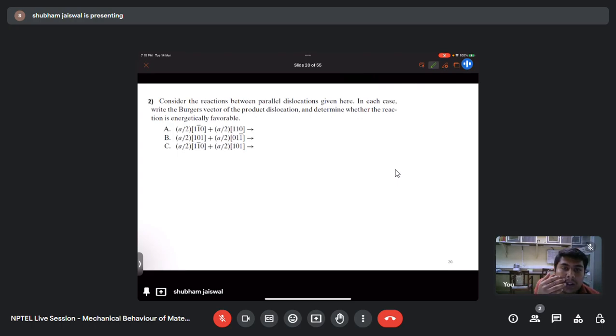So first find out the Burgers vector for each condition. Then, whether the reaction is feasible or not, what is the criteria? That is, energy should be minimum. And we know the energy is directly proportional to b square. So for which condition b square comes out to be less, that will be the physical reaction.